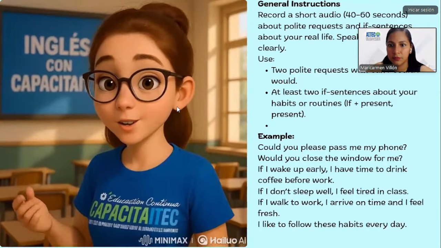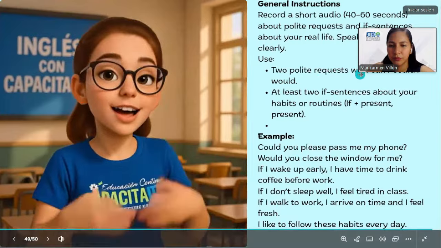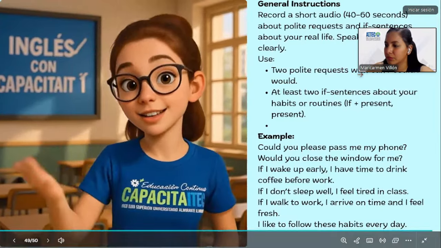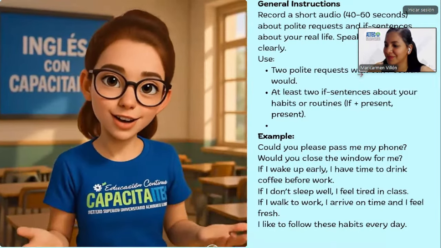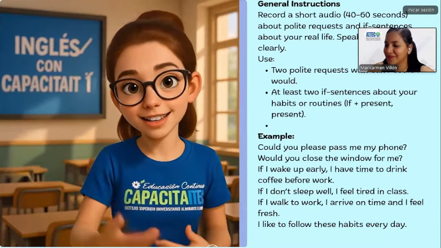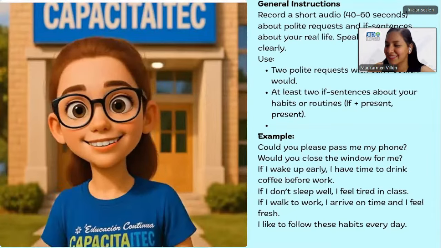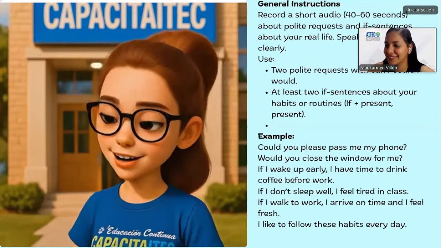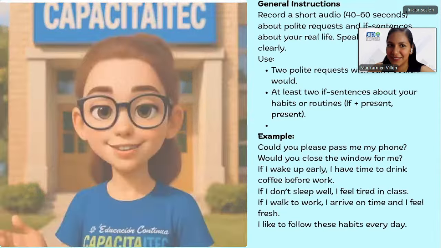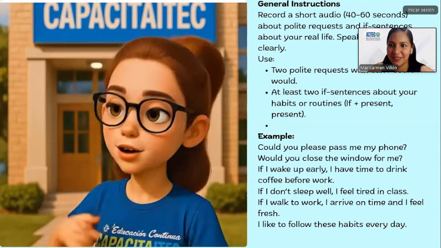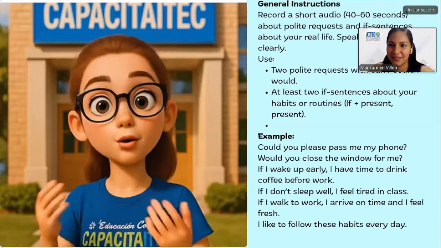Record a short audio, 40 to 60 seconds, about polite requests and if sentences about your real life. Speak slowly and clearly. Use the Vocaro platform to record your audio. 2 polite requests with can, could or would. At least 2 if sentences about your habits or routines, if present.